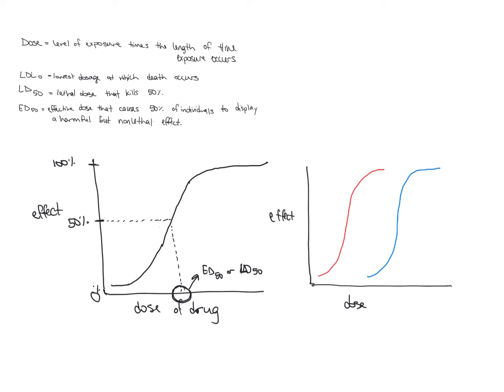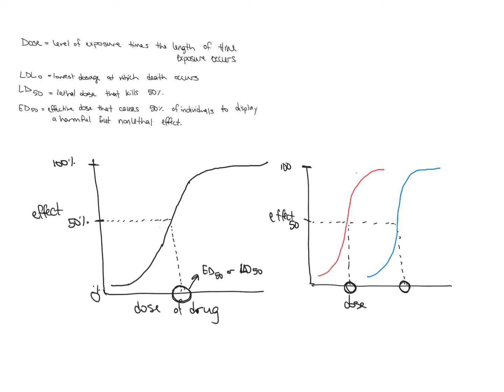If you then go, okay, here's 100%, here's 50%, right? And you go over and down, right? And you go over and down, right? You can see that this one has this dosage for LD50, this one has this dosage for LD50.